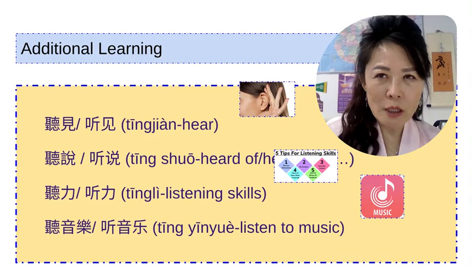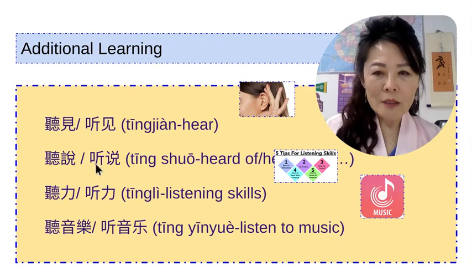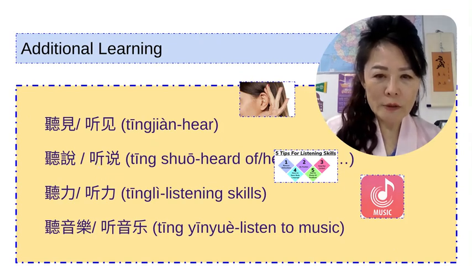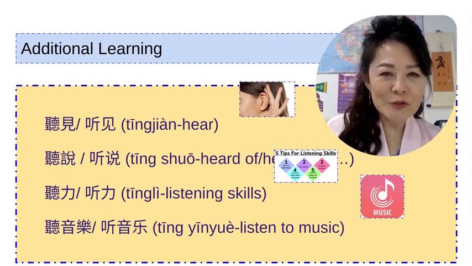So I want you to think about how to use 听见 to formulate some sentences that you can use. Okay? 听说, heard of, or I heard. So you can say 我听说你搬家了. I heard you've moved.